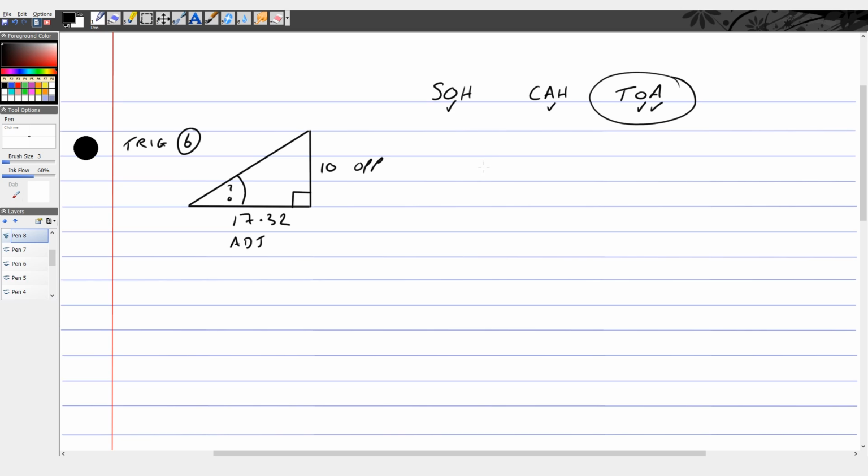So what we can say here is the unknown angle, which you can call theta if you want, is tan to the minus 1 of the opposite divided by the adjacent. So we can say the angle is tan to the minus 1 of 10 units divided by 17.32 units.